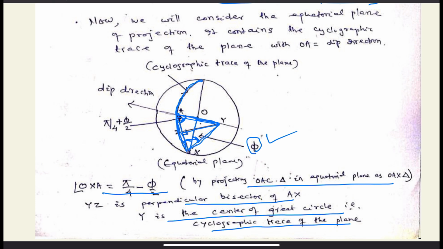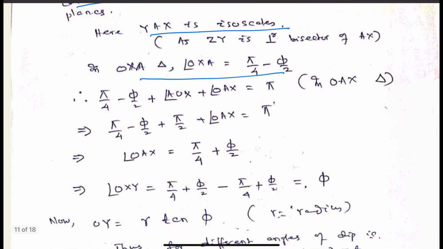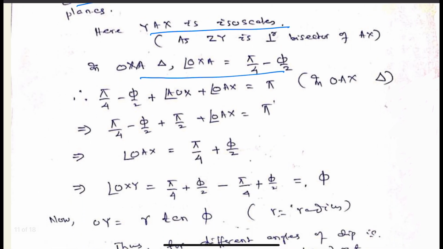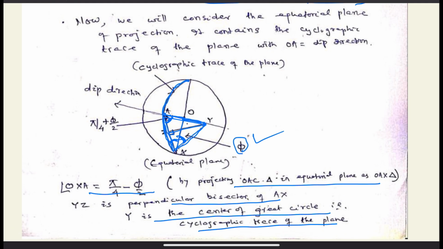this angle is equal to this angle we have found out, and this angle becomes equal to, and finally we got phi as this angle. So this is 90 degrees.